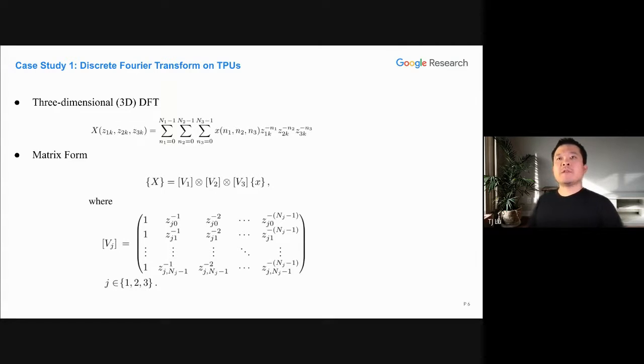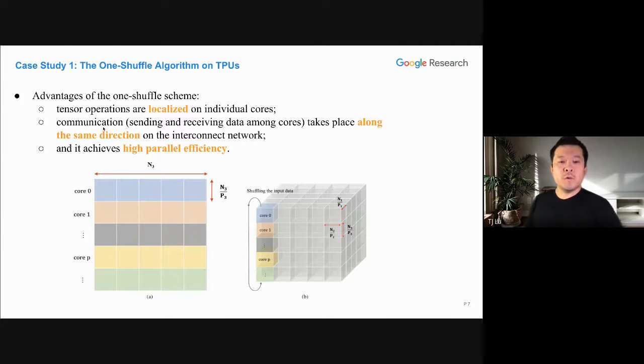It can be seen that DFT is essentially a tensor operation between the Vandermonde matrix and the input. So the problem is generalized into how to compute the tensor contractions efficiently and in parallel on TPUs. To achieve that, we design the one-shuffle algorithm.